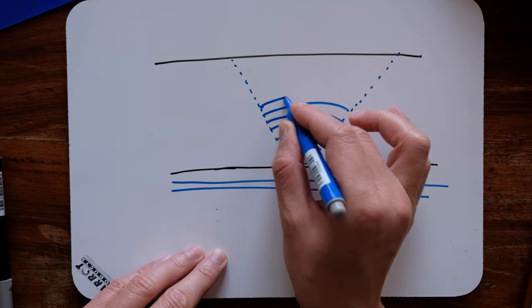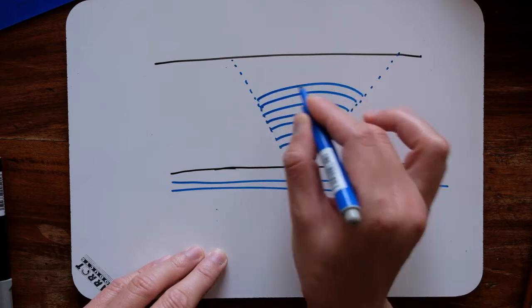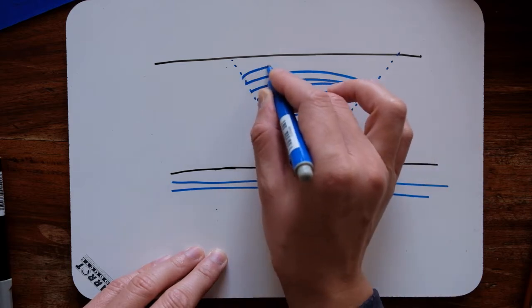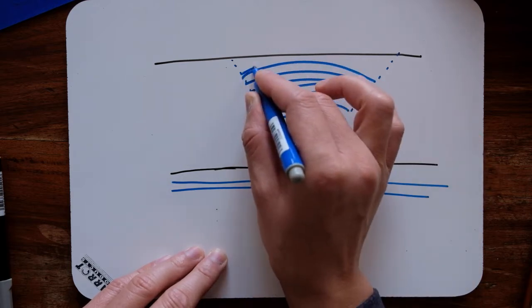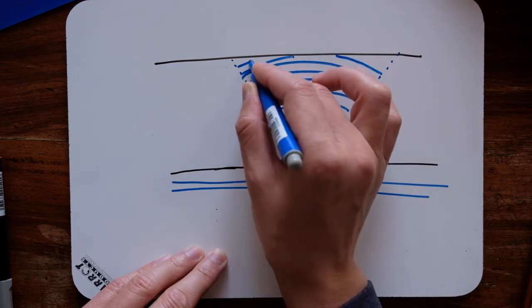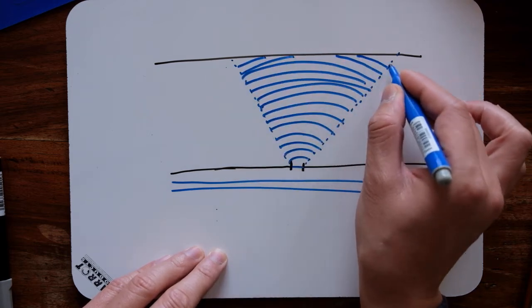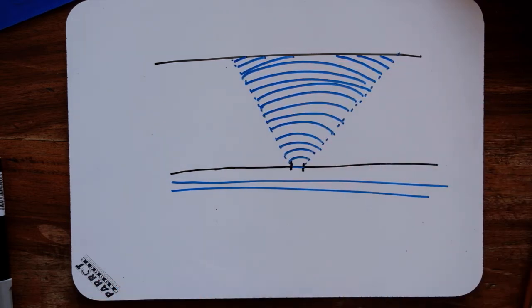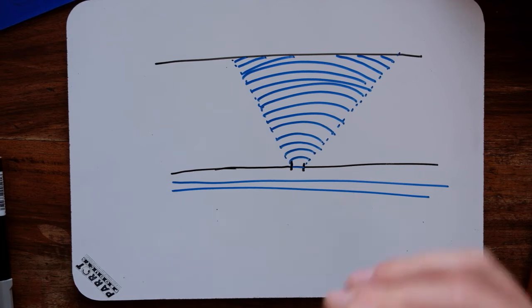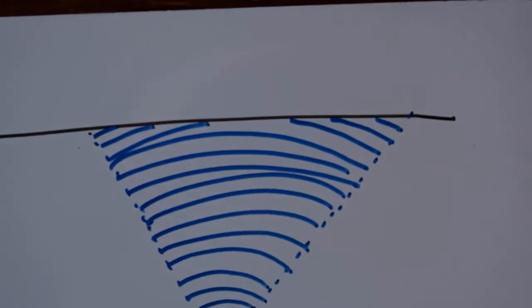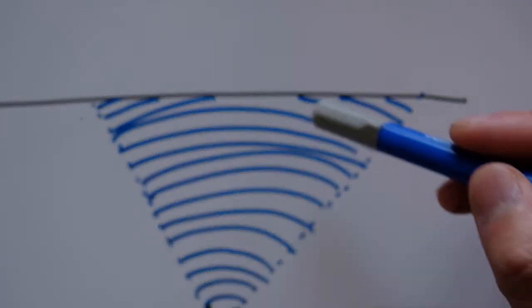Now, we can assume that when the wave actually touches the other side, it gets absorbed or reflected back, but we don't really worry about that. Once it touches that side there, that is what we will see.